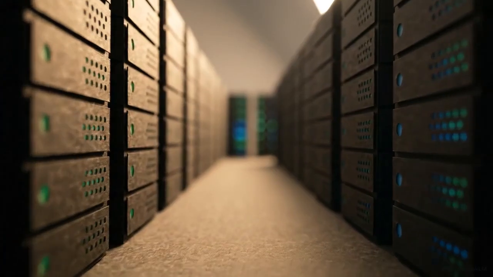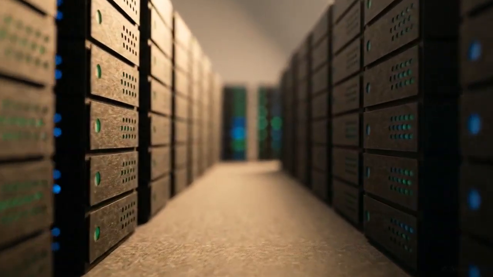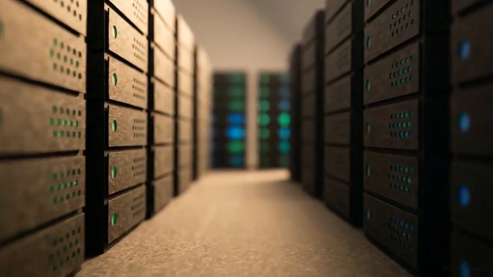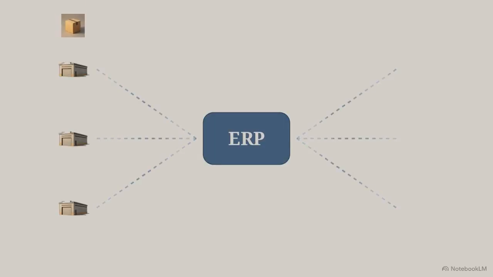Moving into Phase 3, implementation, requires a transition from manual coordination to a heavy technological infrastructure that can handle real-time data. For logistics, companies use an ERP, or Enterprise Resource Planning System. This serves as the central hub for production and inventory, ensuring that stock levels are visible across every warehouse and storefront simultaneously.